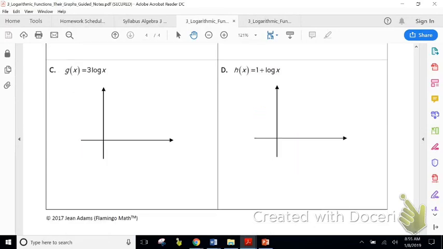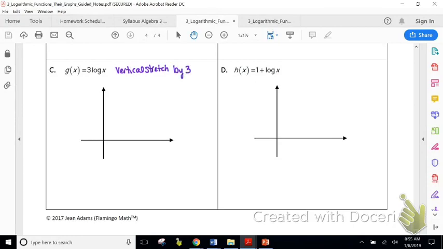So we're probably not going to have time to do C and D, but look here. What's happening on C? What is that 3 going to do? Yeah, it's a vertical stretch by 3.